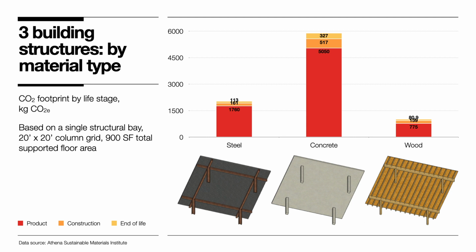And when we do a life cycle analysis on these simple structural modules, we can see the relative impacts of these systems. And the different colors are the different phases of life: product, which includes processing, construction, and use and end of life.